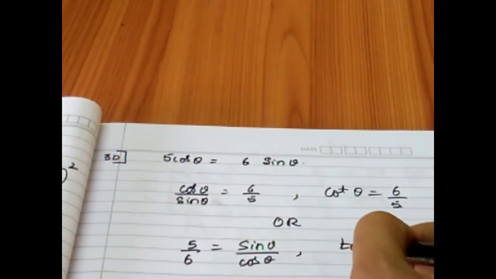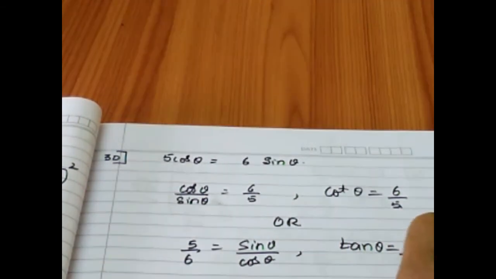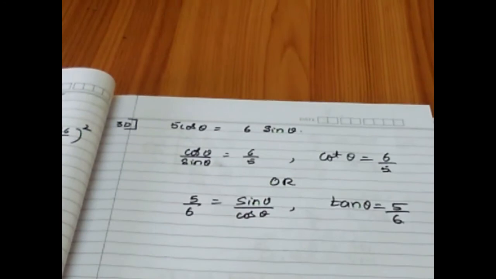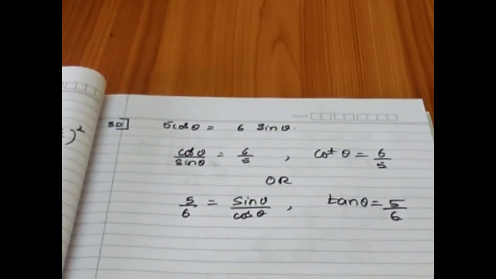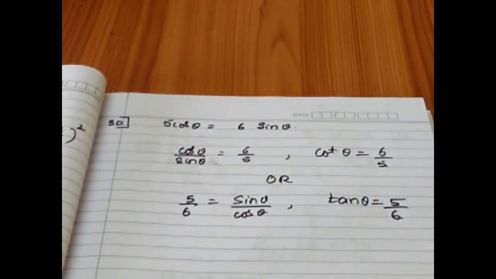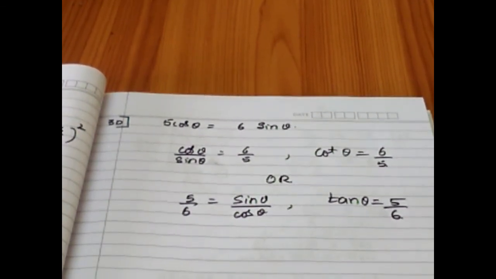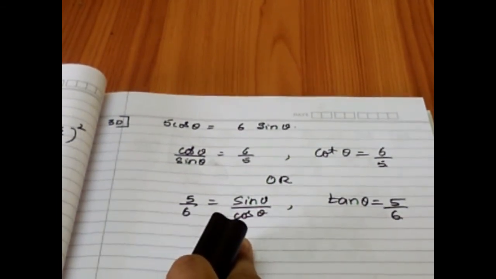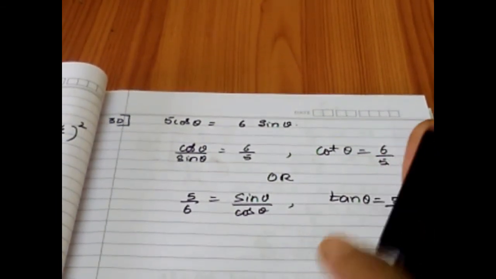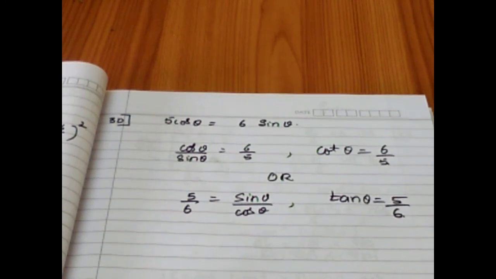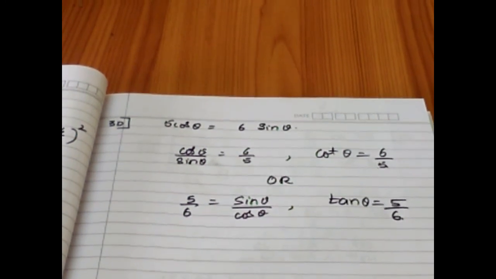It results as tan theta is equal to 5 by 6. So with these two results, tan is equal to opposite by adjacent and cot is adjacent by opposite. However you want it, take any one result, draw a right angle triangle, mark one angle as theta and try to simplify the given equation.